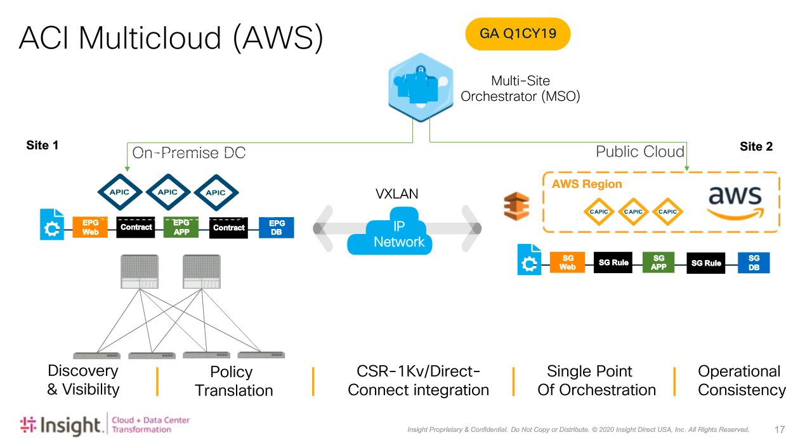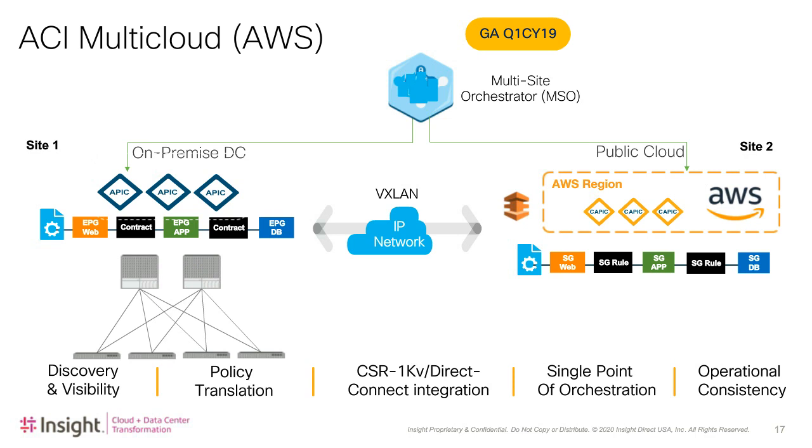Extending the ACI architecture into the AWS Cloud gives you that same capability. It enforces the policies and security controls within the AWS Cloud using native AWS constructs.